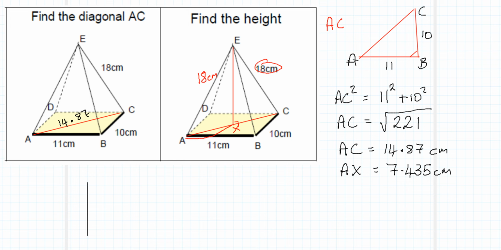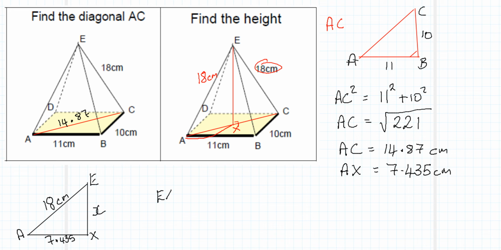So from this point here, we need to work out what the length EX is equal to. We're going to draw this out here, and we've got A, X, and E, and we know that we've got the hypotenuse of 18 centimeters, and we've got the short side of 7.43 centimeters.